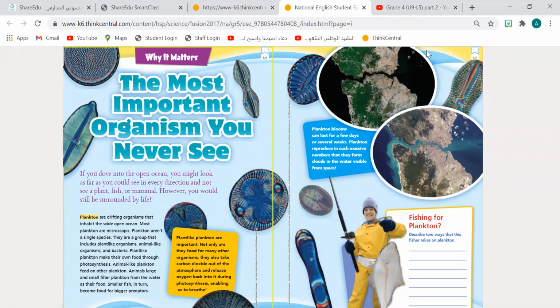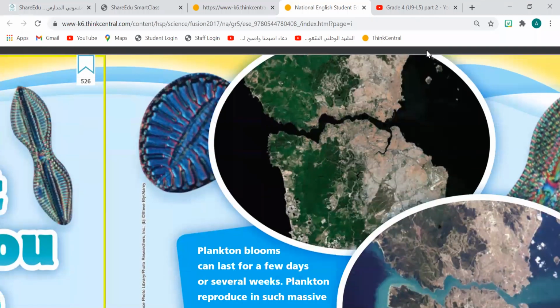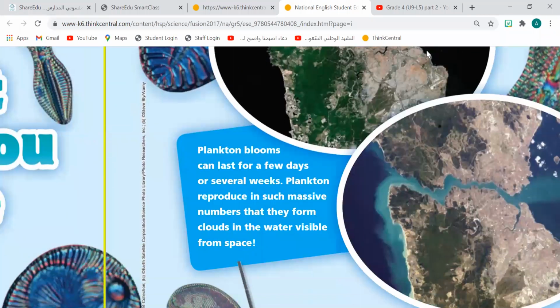So sometimes when you see a green area, maybe above a rock or above a surface, together they make millions of plankton and plant-like organisms. They love to be together. They cannot be alone. Plankton blooms can last for a few days or several weeks.